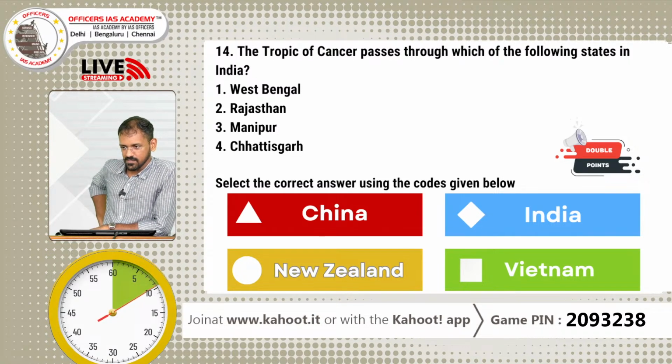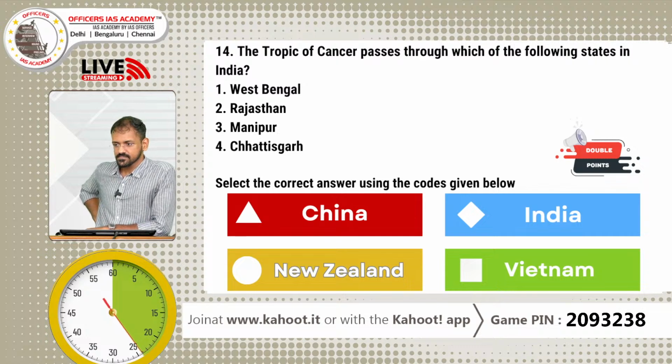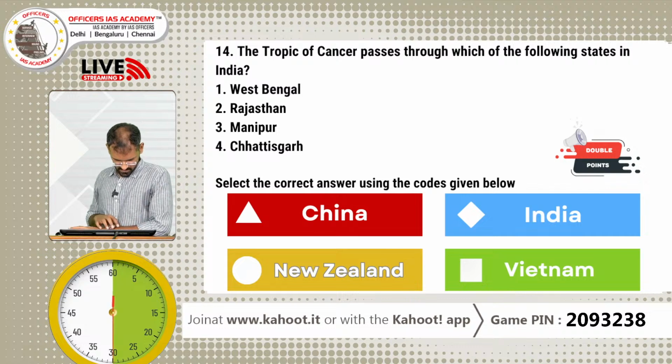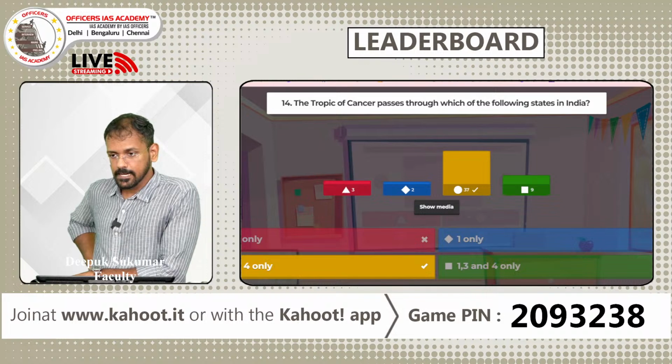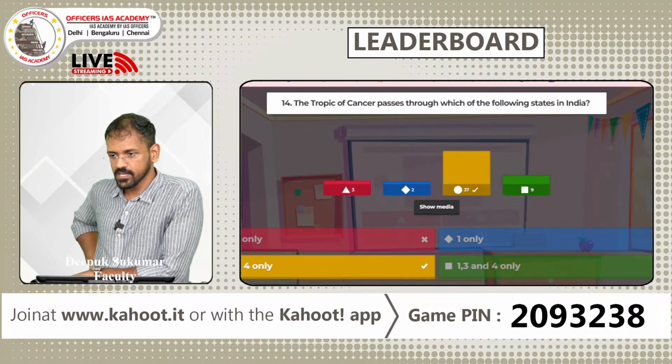Tropic of Cancer passes through which of the following states? UPSC question, the past. Not the same options, but oh wow, I'm surprised that so many of you have gotten the answer right.